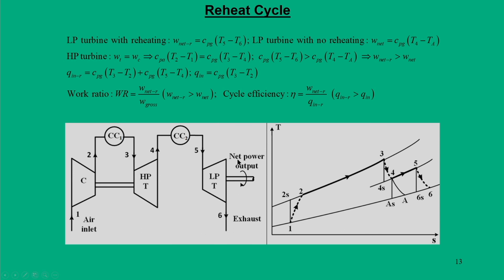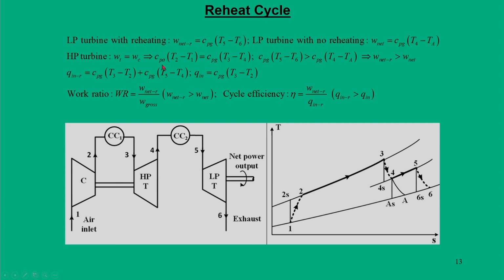One is the actual power that we get from the low pressure turbine, and the high pressure turbine normally drives the compressor. So that means turbine work is equal to compressor work, and this can be written as Cp times (T2 minus T1) is equal to Cpg times (T3 minus T4).